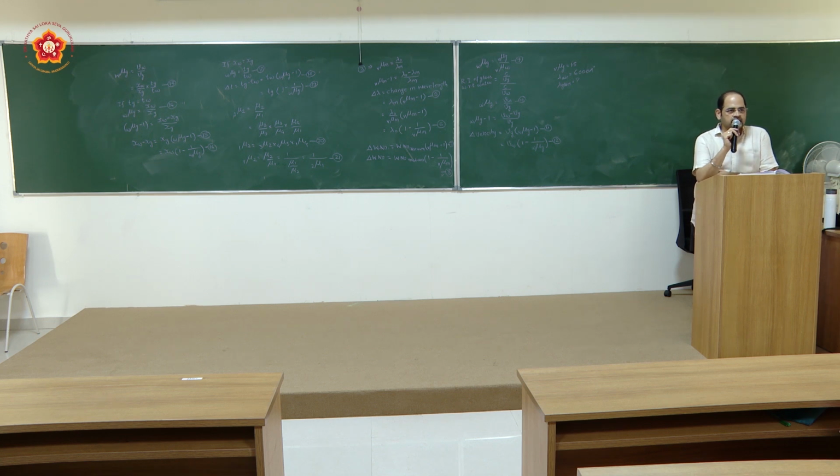So can you tell me the relation between the refractive index and wavelength? Refractive index and wavelength. They are inversely proportional, right? So can you tell me what will be the relation between refractive indices of different colors? I'm not asking you the mathematical relation. I'm asking you greater than, less than.